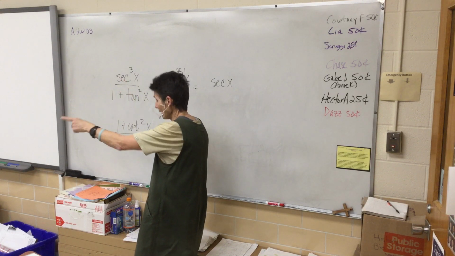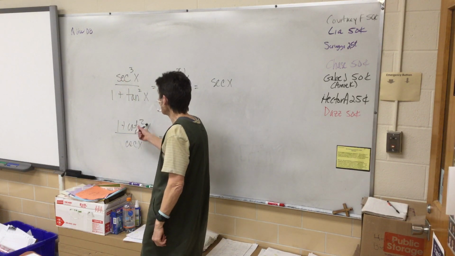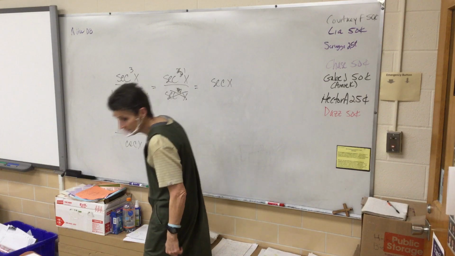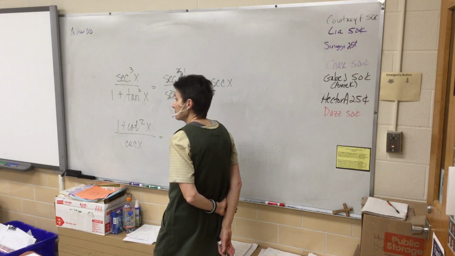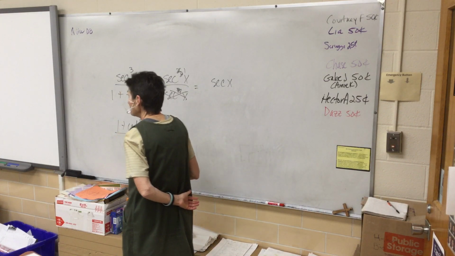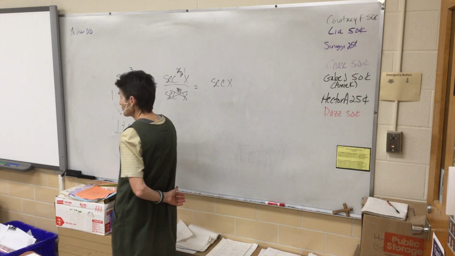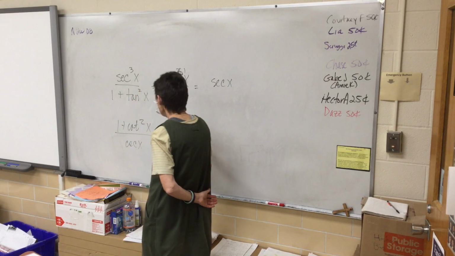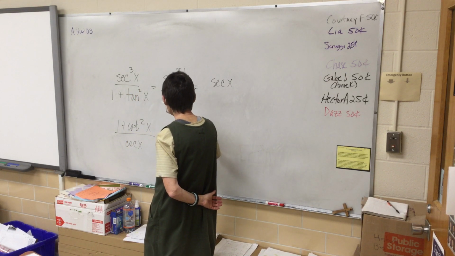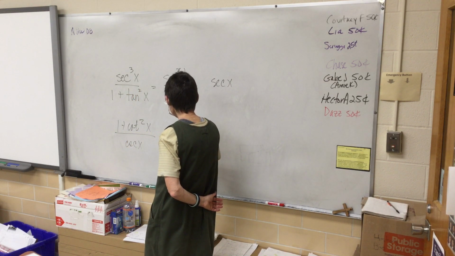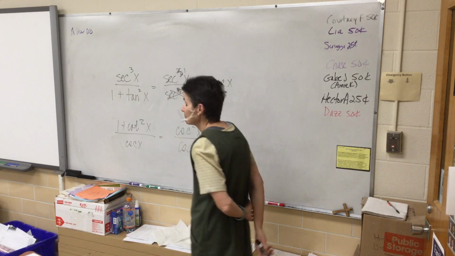Well, you have that memorized. On your sheet, what does it say about 1 plus cotangent squared? Cosecant squared. Yeah, 1 plus cotangent squared is cosecant squared. So this is going to be cosecant squared on the top, and then you just have a cosecant in the bottom.